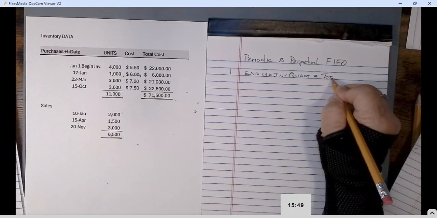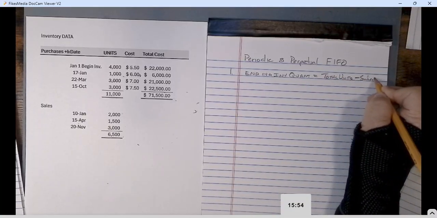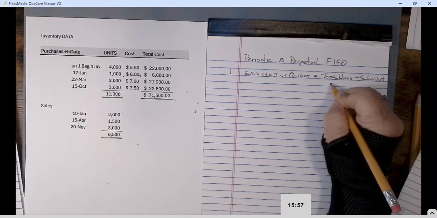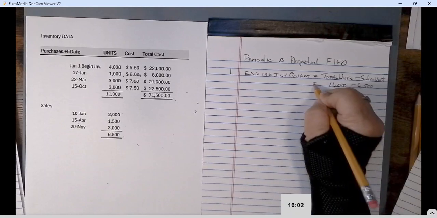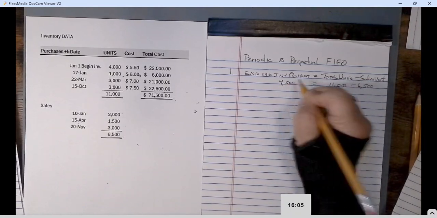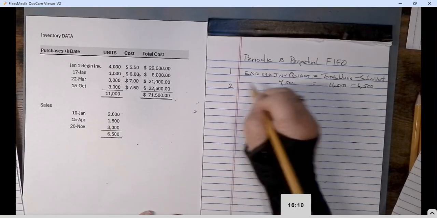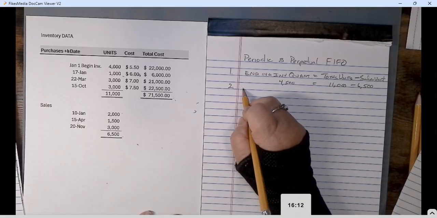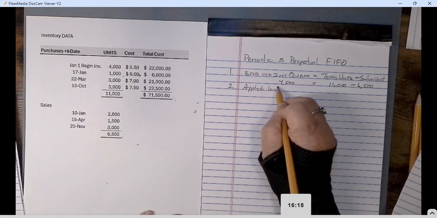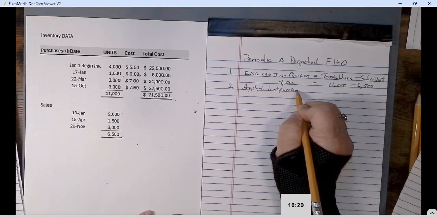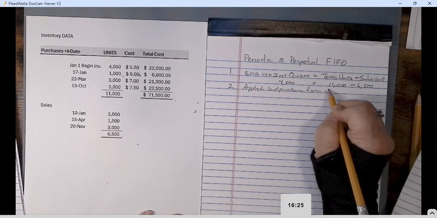It's equal to total units minus sales units. Number two, to do the FIFO, we apply to the last purchases from chronological order.